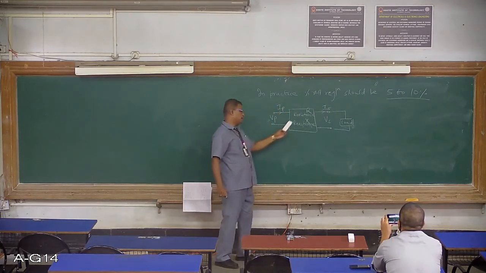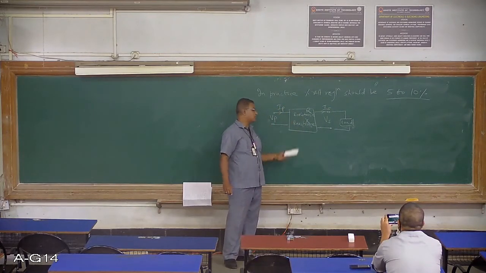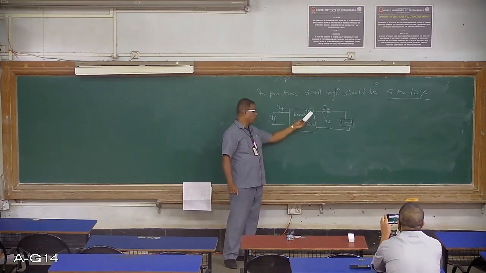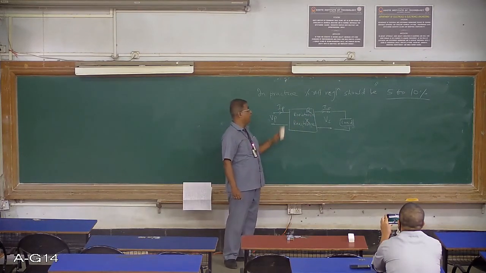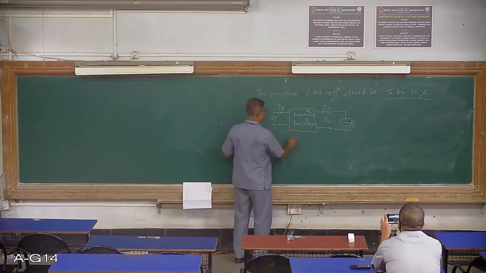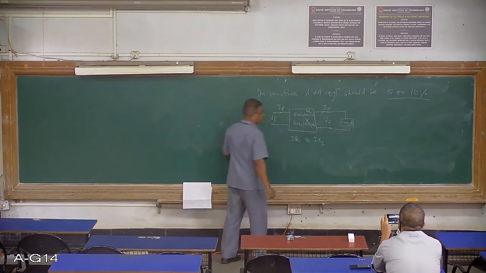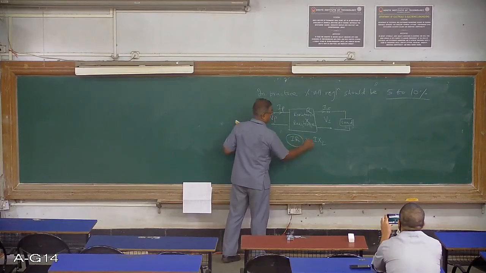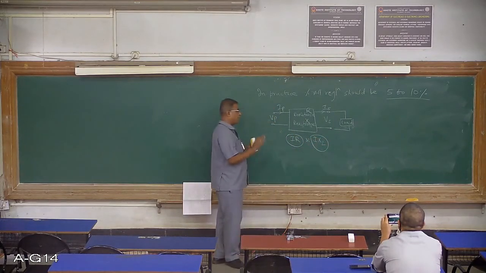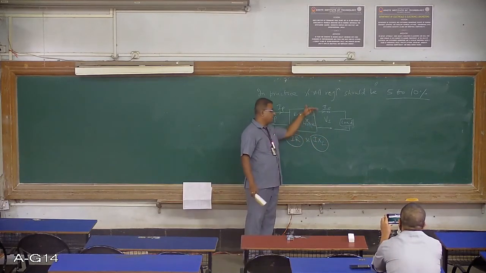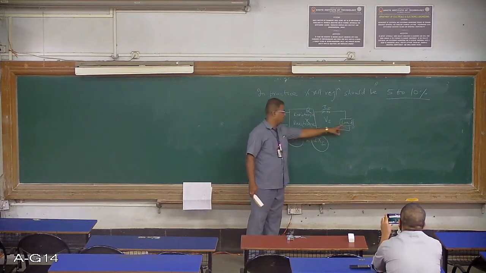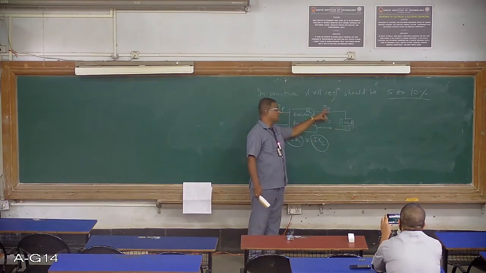So whenever current flows in the transformer through the resistance R and leakage reactance XL, there will be voltage drops IR and IXL. Due to these voltage drops, a part of the voltage reduces. With increase in load, current increases.